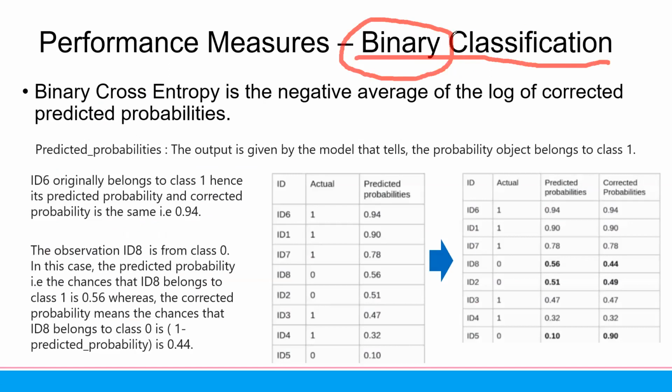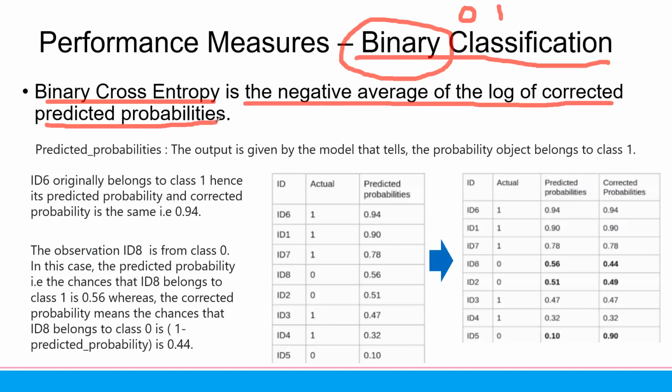We have only two options, okay? 0 or 1. Yes or no. So the binary cross entropy is the negative average of the log of corrected predicted probabilities.